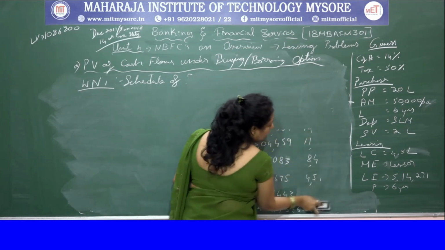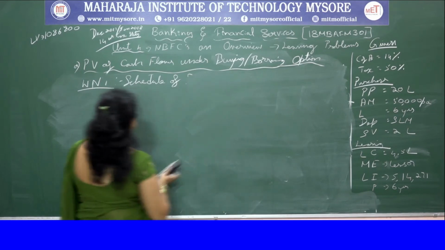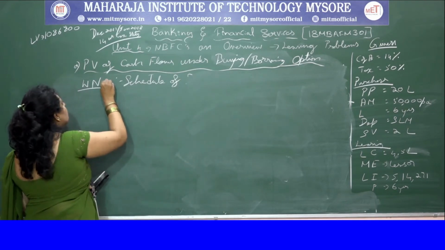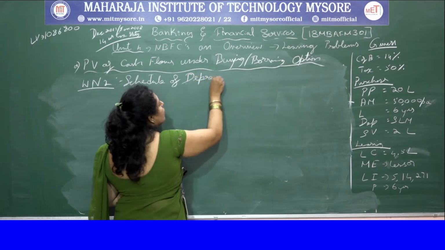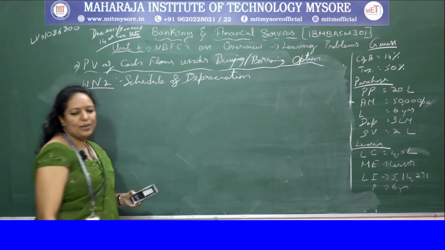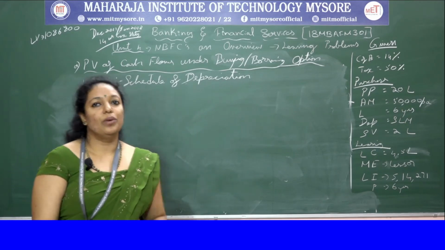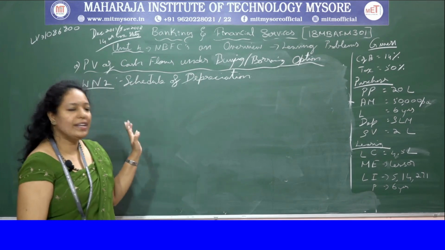Next, write down the heading, working note 2, schedule of depreciation. Here there is very less calculation because they have given the straight line method, so it is quite easy.